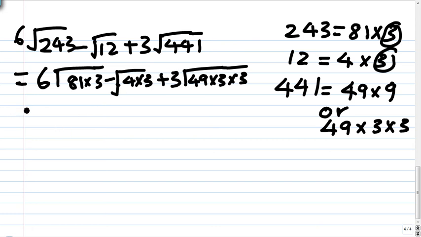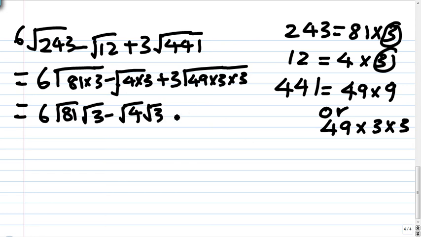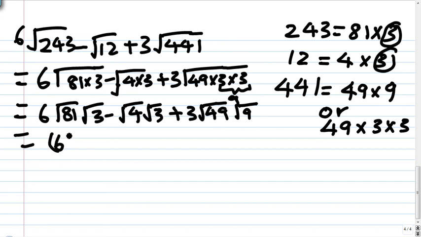It's a lot easier to simplify right now. You can write this as 6 square root 81 square root 3, minus square root 4 square root 3. By the way, this actually means square root 4 times square root 3. Plus 3 square root 49, and 3 times 3 is actually 9, so square root 9. Now you square root 81, you get 9. So 6 times 9 square root 3.